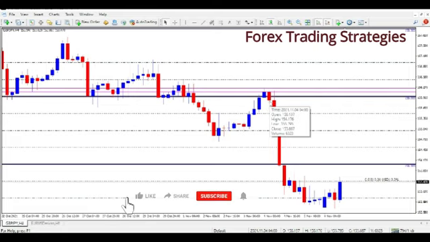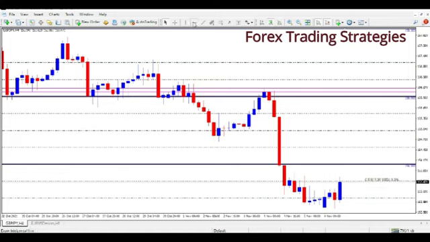Then I let it do its thing, and I simply observe that it does break below the open of the previous bullish candle, and it turns into an engulfing.